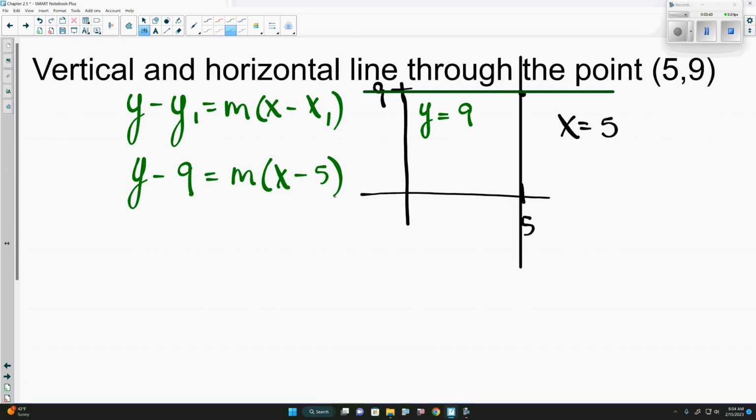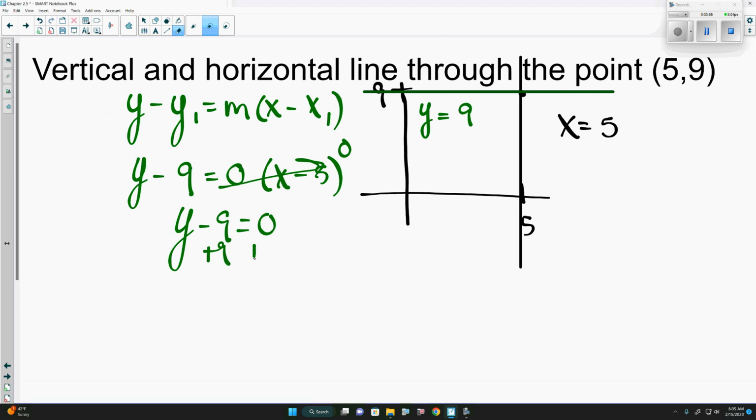For a horizontal line, the slope is 0, because when it doesn't have a rise up or down, the slope is 0, so this whole side becomes 0. Add 9, y is equal to 9. And we can do that, especially if it's horizontal.